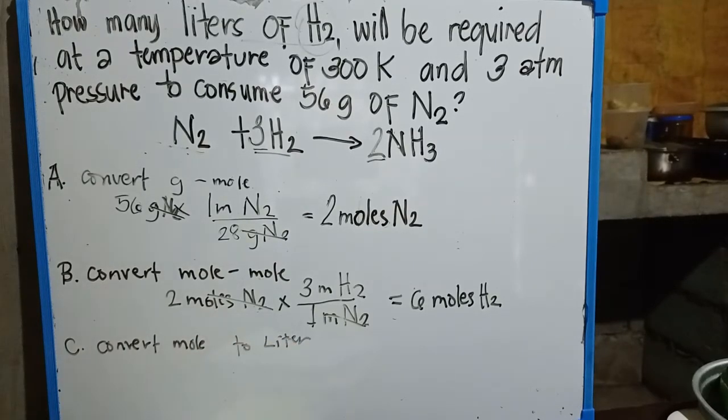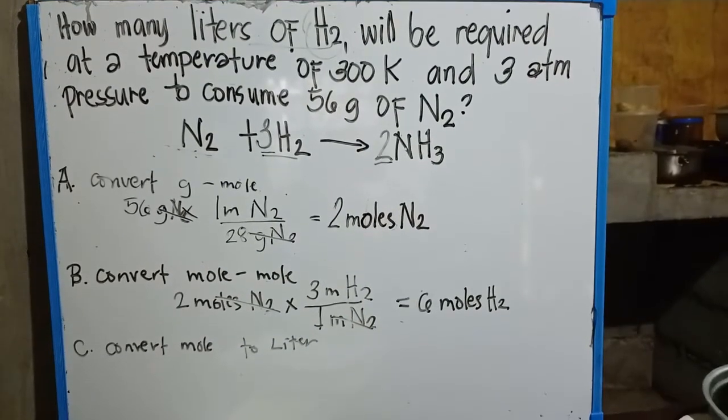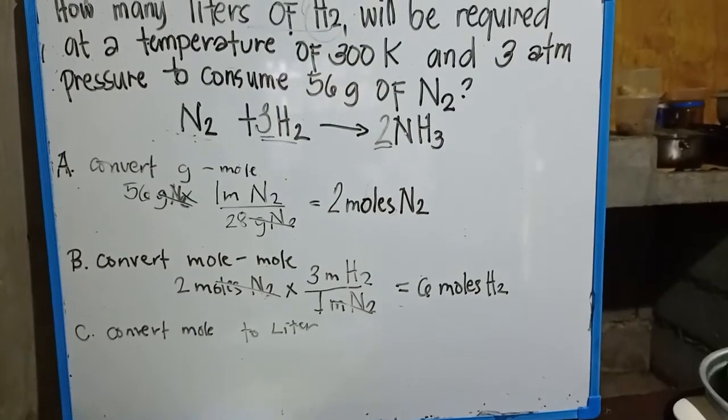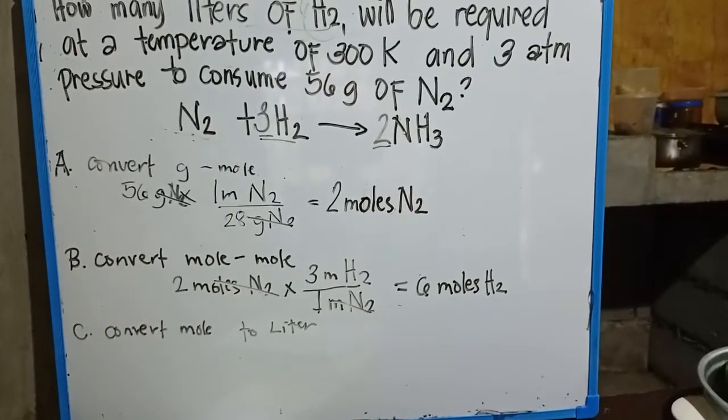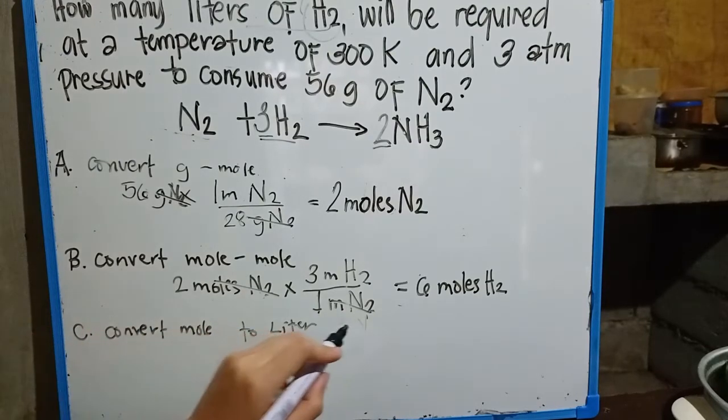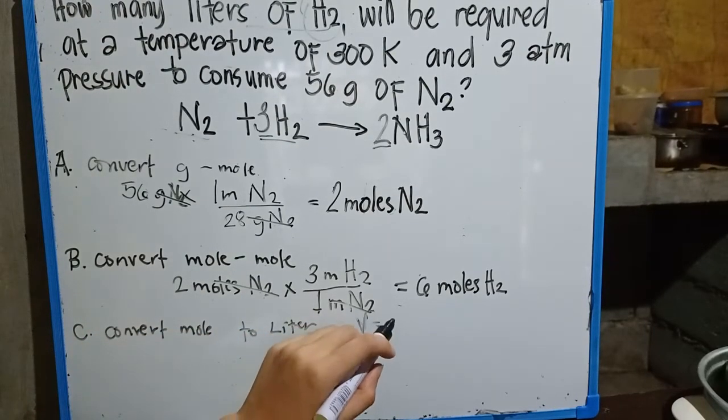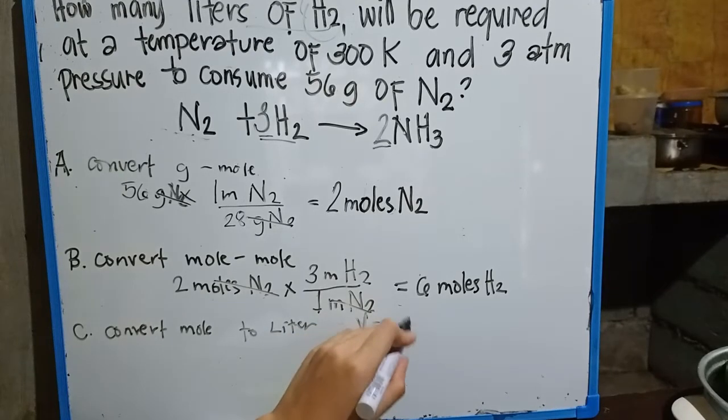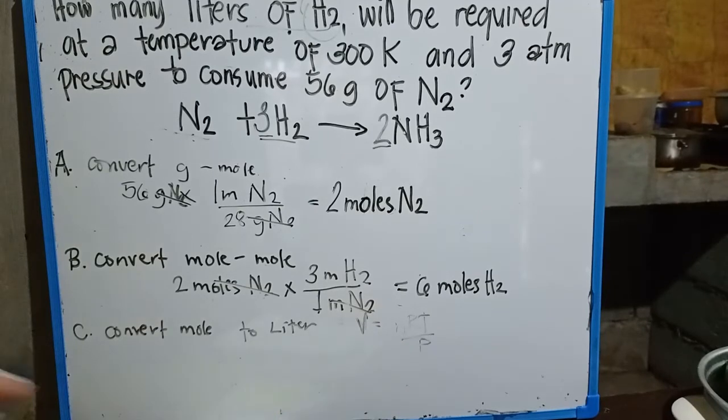So, we convert mole to liter, and in this part we are going to use the ideal gas law. So, V is equal to nRT over P. That is the formula that we are going to use.